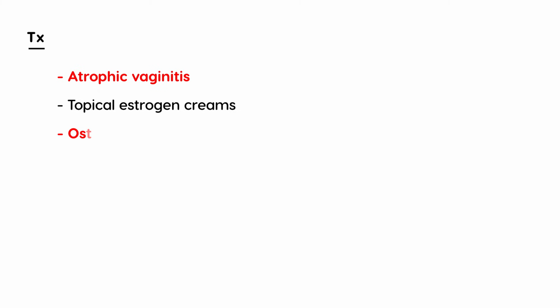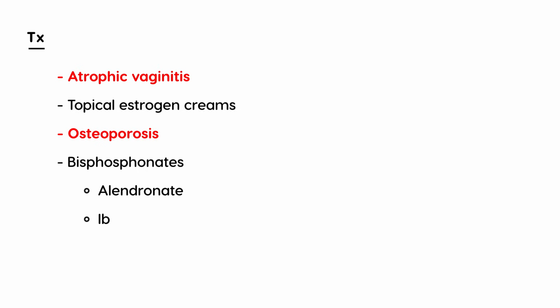And then the other one, which is osteoporosis, that is managed by giving the famous bisphosphonates. And there's two in particular that are very popular. You have alendronate and you have ibandronate. Okay, so that's the treatment.